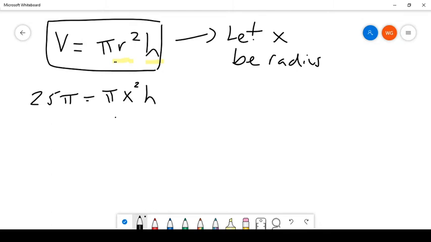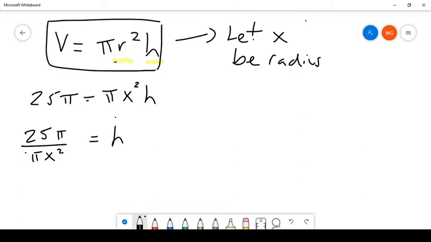Okay. All right. So now this leaves us with two variables still, but now here's where the neat part comes in. We're now going to define height in terms of our other variables. Height will equal 25 pi over pi x squared, right?